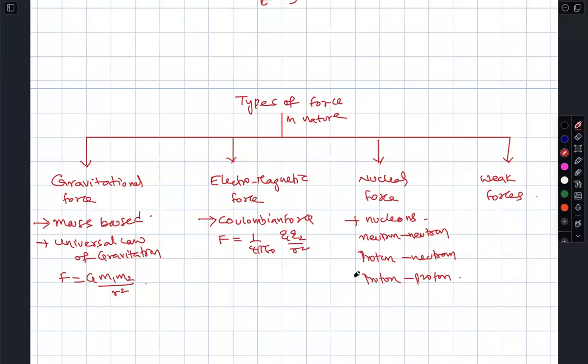This is the situation where the distance is less than some 10 power minus 14 meter, in the range of Fermi. So nuclear forces are very strong actually out of all the three forces. They are very short range forces. Both of the others are long range forces. It is a very short range force.